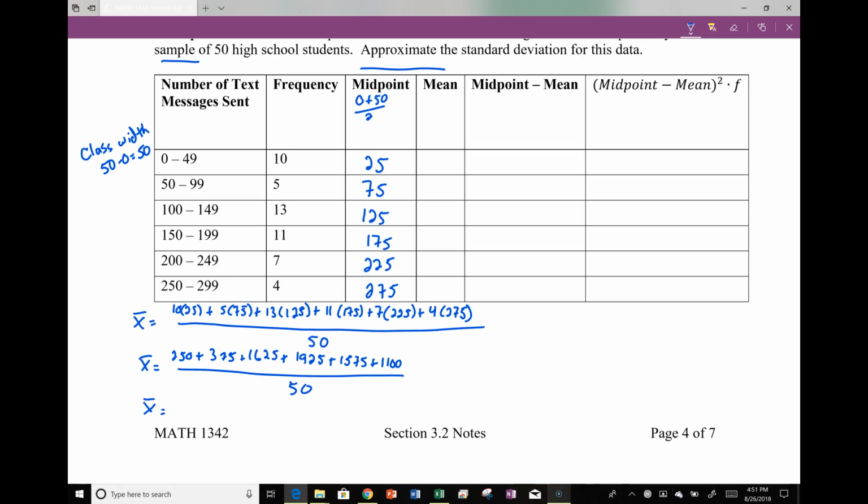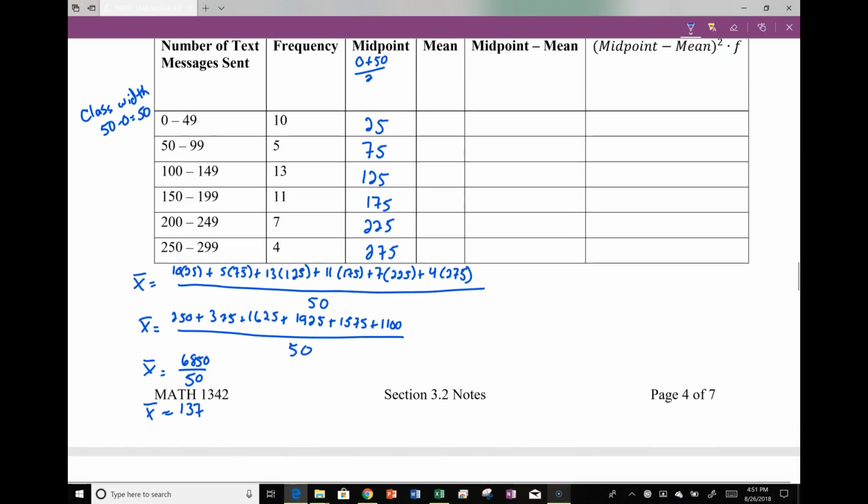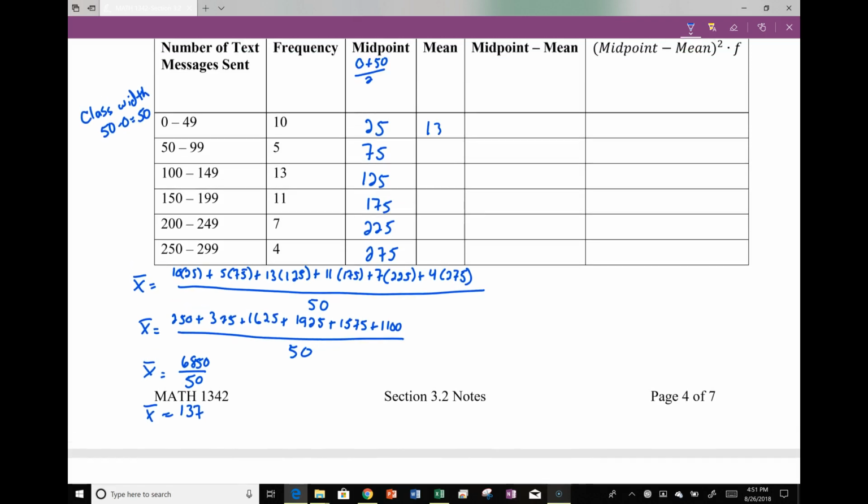So X bar is going to be, whenever I add up this numerator, 6,850 divided by 50. So my sample mean is going to be 137. So I'm going to put 137 here. And recall that my mean doesn't change unless my data values change. So I'm just going to mark those down all the way.